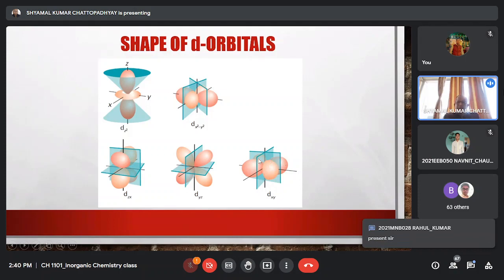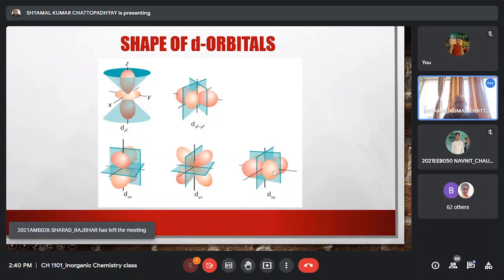And there are 2 nodal planes where the electron density is 0. This is the xz plane and this is the yz plane. So dxy has got 2 nodal planes, which are the xz and yz planes, right?